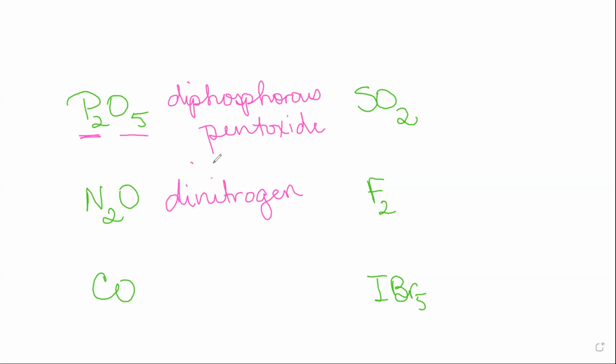But dinitrogen, and instead of oxide, what's my prefix for one? Mono. Mono. I know, don't contract it though, right? Just kidding. Monoxide. Okay. Monoxide. So dinitrogen monoxide.